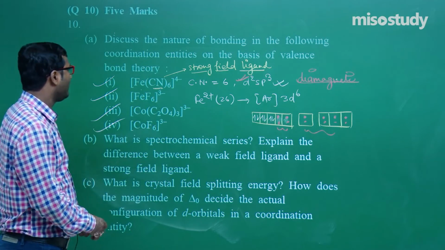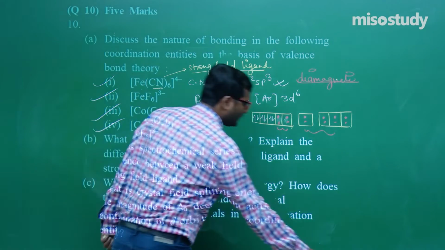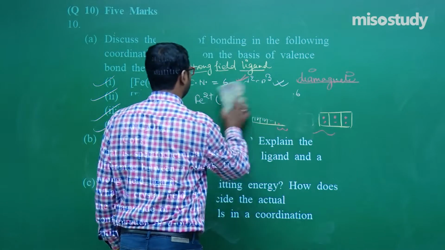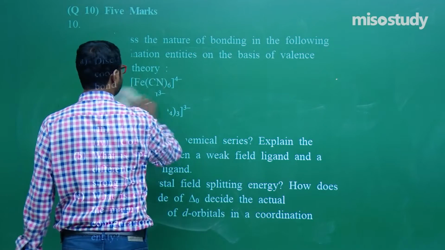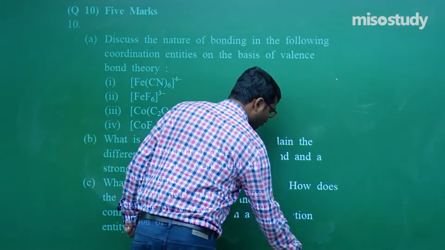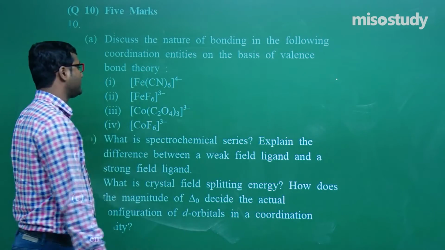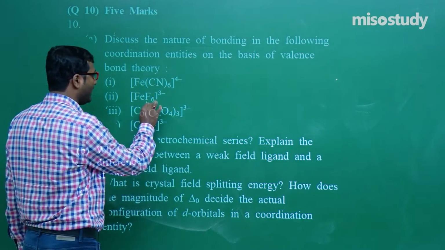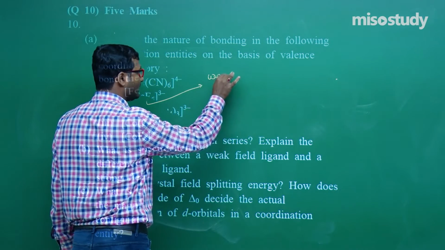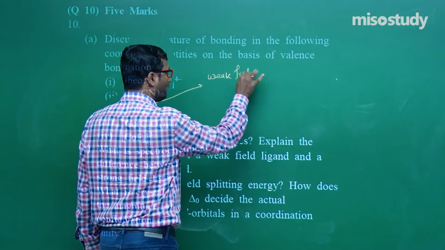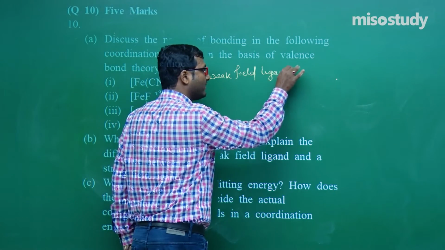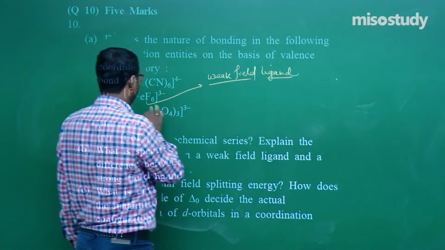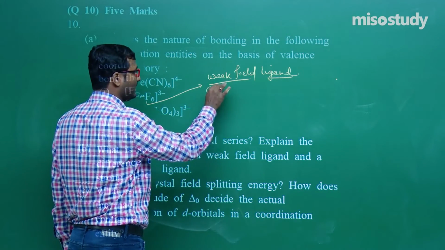Now next one, you can do it. Now do it for me. I am not going to solve each and every question. It's very simple for you. I have discussed lots of problems on this. [FeF6]3-. As we know, F is a weak field ligand, and the coordination number here is 6.